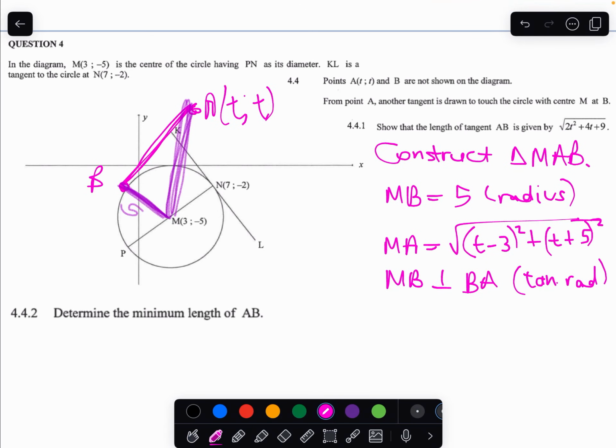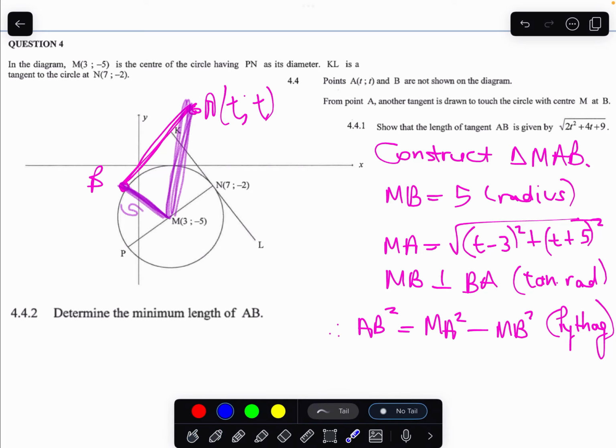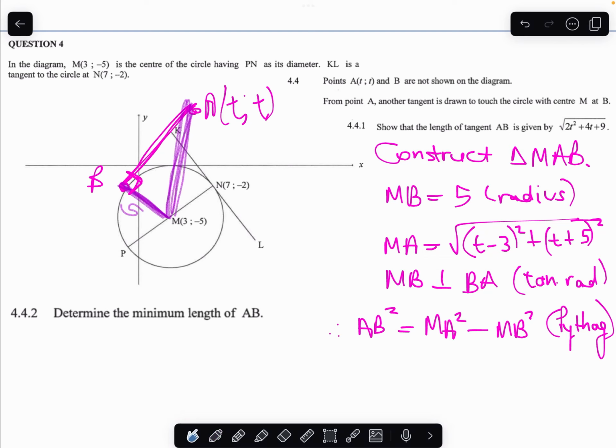So I can say AB squared is equal to MA squared minus MB squared. Okay, and that's because of Pythag. Remember you can't use Pythag unless it's been given that the triangle you're working in is right angled, or you've shown that it's right angled. So that's why it was important to state this, to say, hey, this is in fact a 90 degree angle.